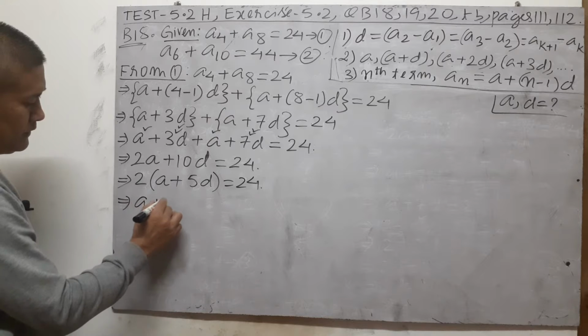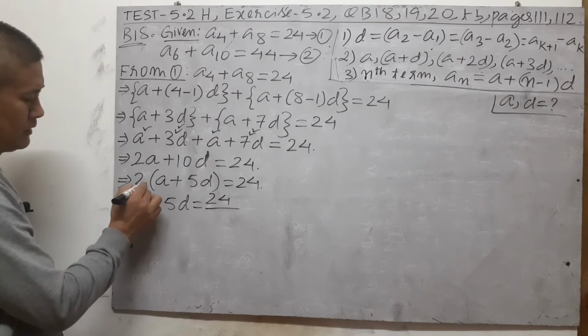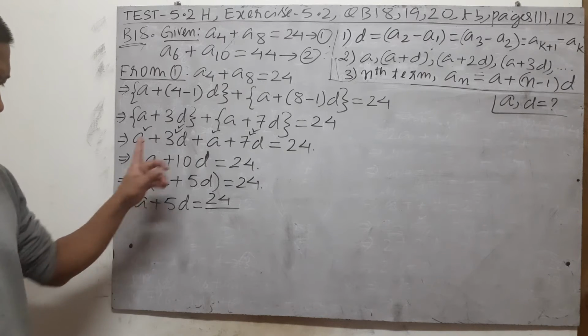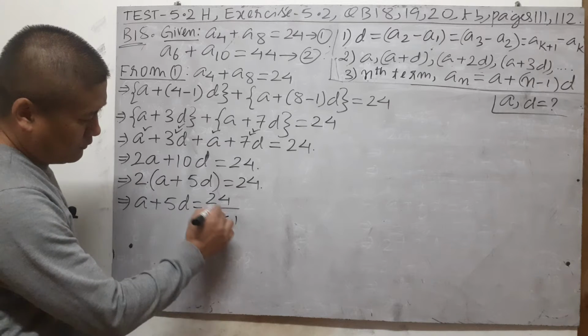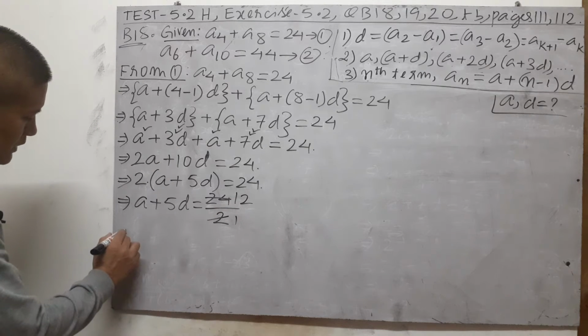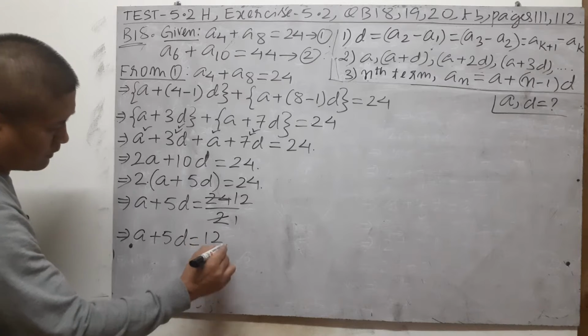So A plus 5D therefore will be 24 divided by 2. If we shift from left to right, it goes down to the denominator and we'll cancel 24, 2 1s are 2, 2 2s are 4. So we're getting a much simpler equation, A plus 5D equal to 12 by 1.